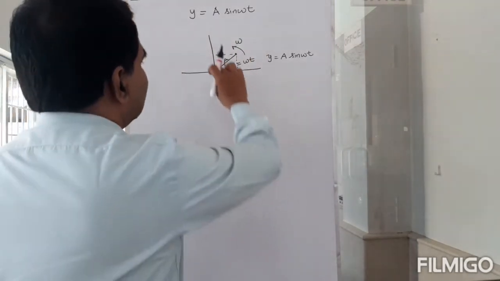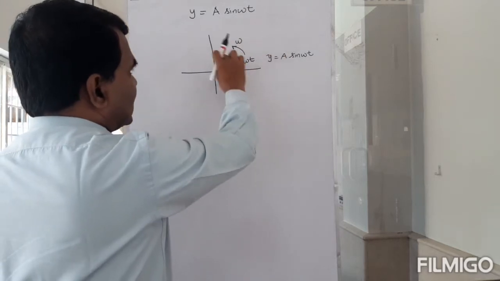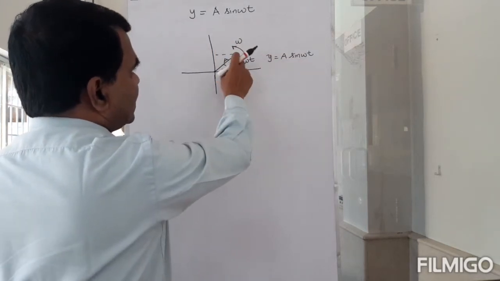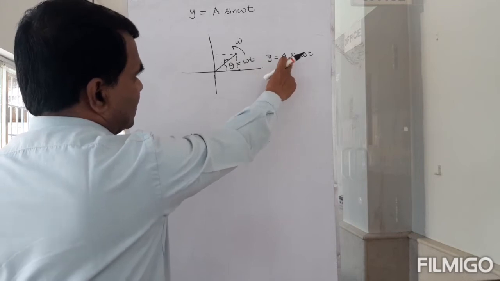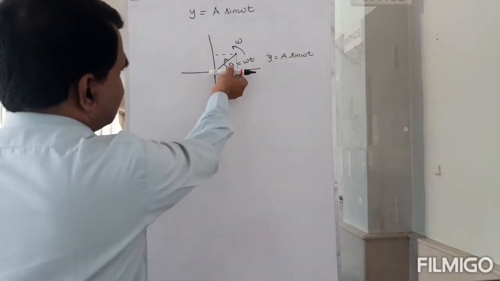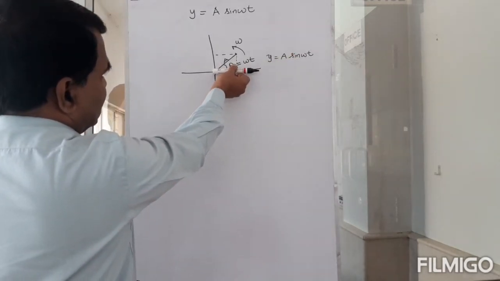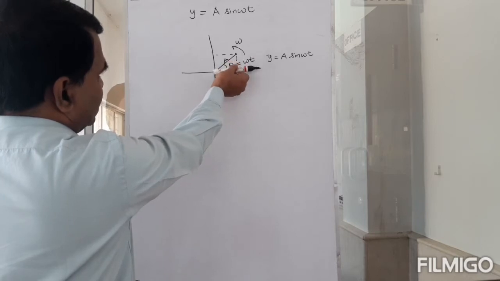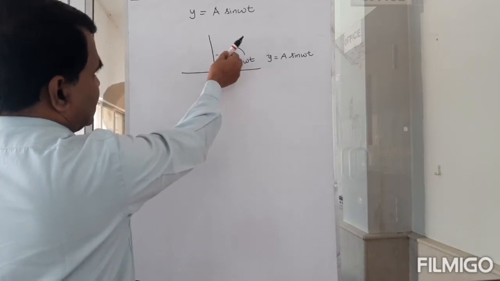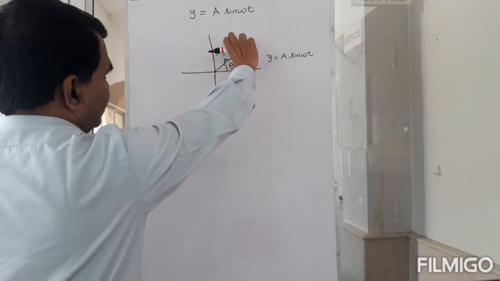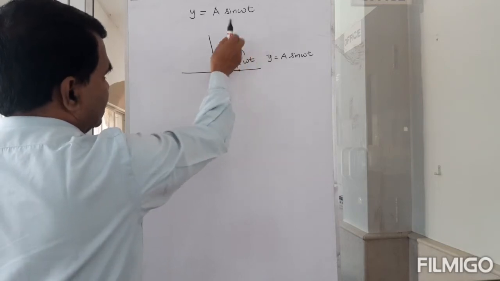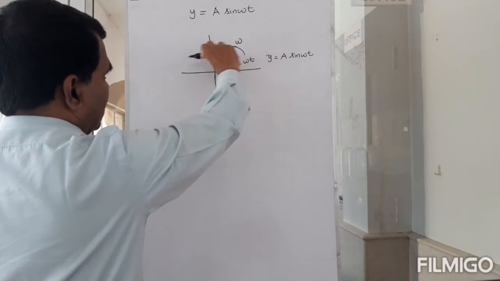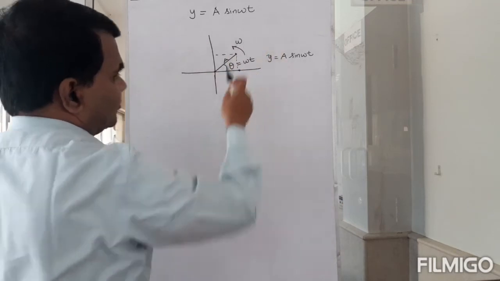So the value of y at any time t is given by this expression, y is equal to a sine omega t, and that is actually the rotation that you effect here, right? Suppose it is in this position, the projection of that on the y-axis is a value.